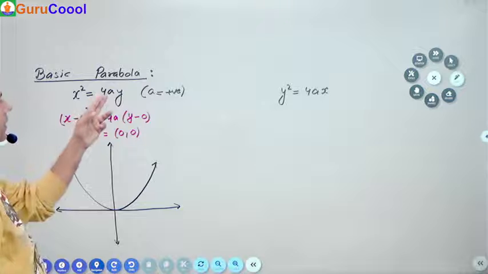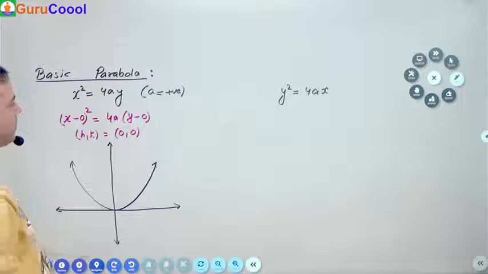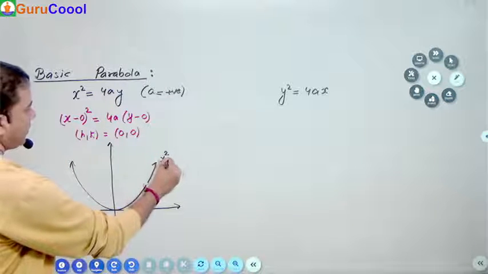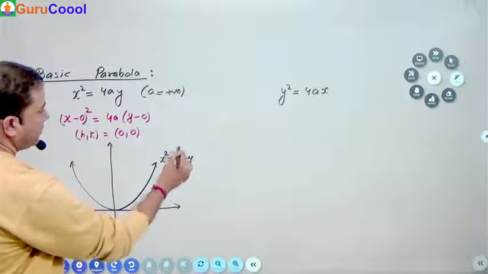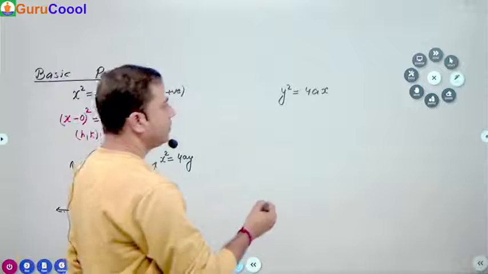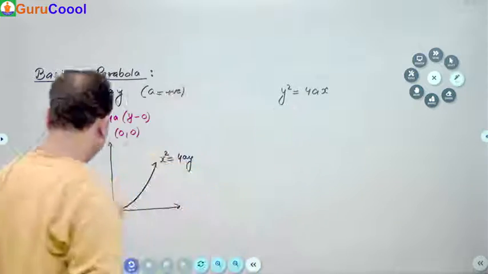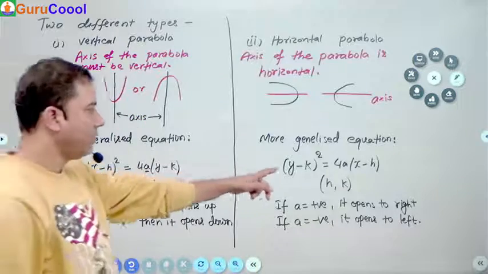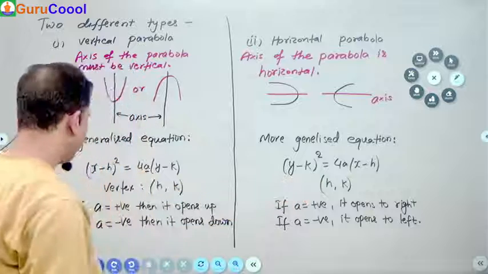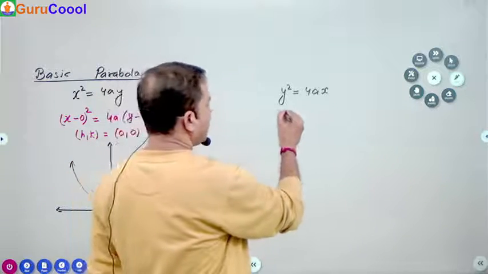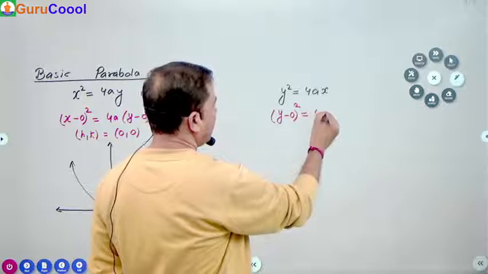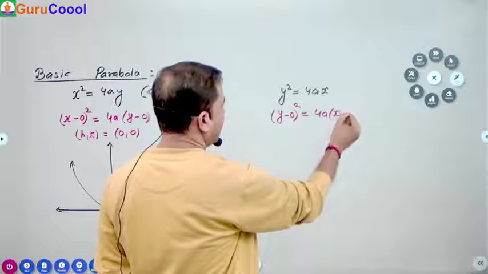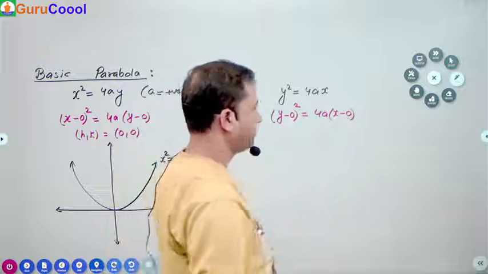A can be 1, a can be 2, 3, 4, anything. Now in this one, if we compare this with its more generalized form, we will write it y minus 0 whole square equal to 4a times x minus 0.